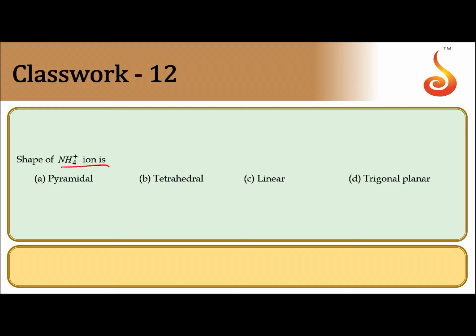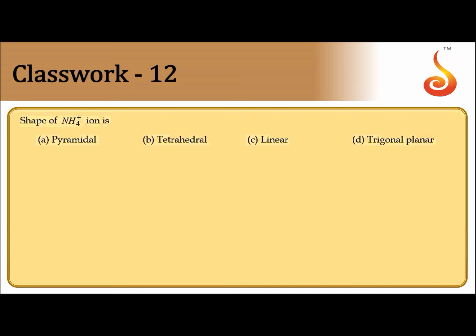Then, the shape of the ammonium ion is? The shape of any ion depends upon hybridization, followed by the number of lone pairs and bond pairs present in it. Now when you take the ammonium ion structure, ammonia NH3 forms a coordinate covalent bond with hydrogen.